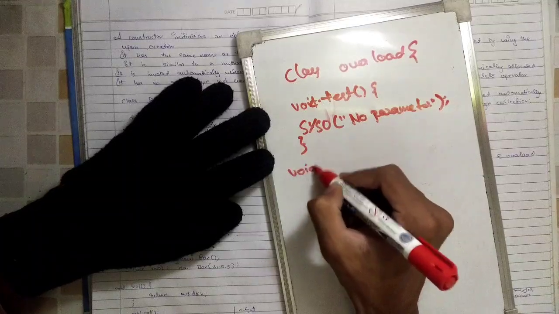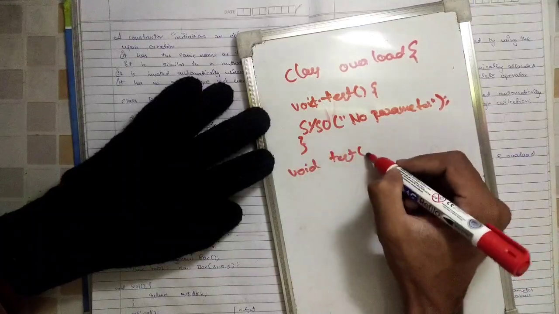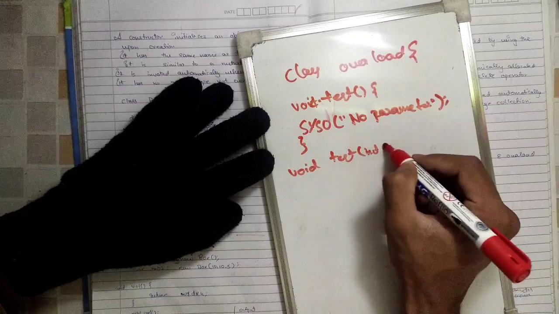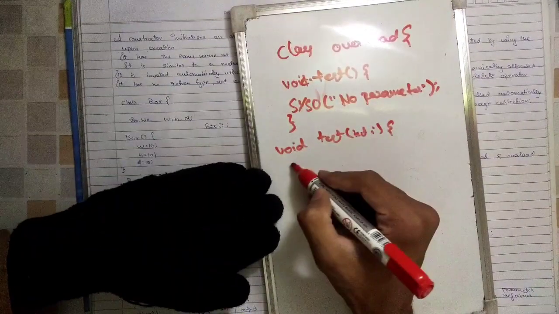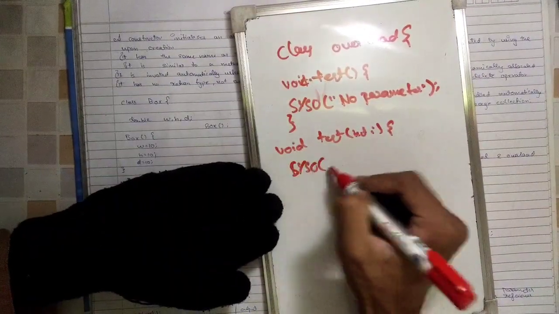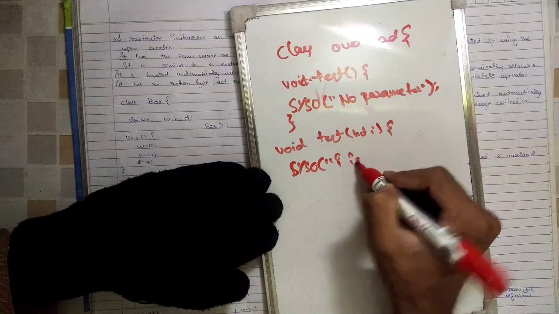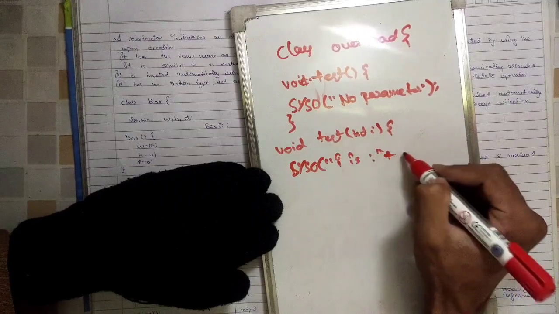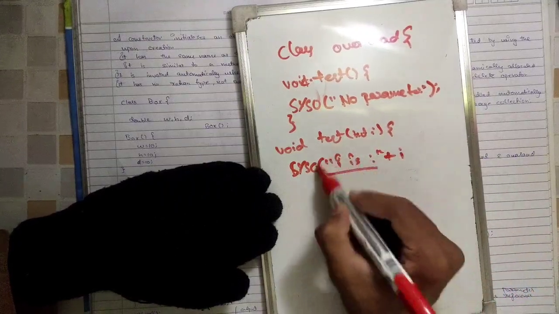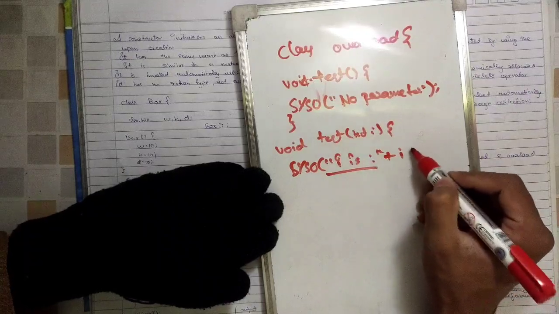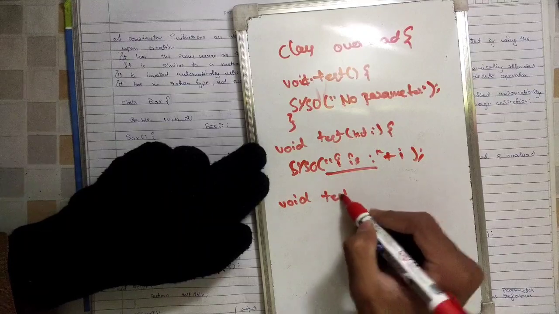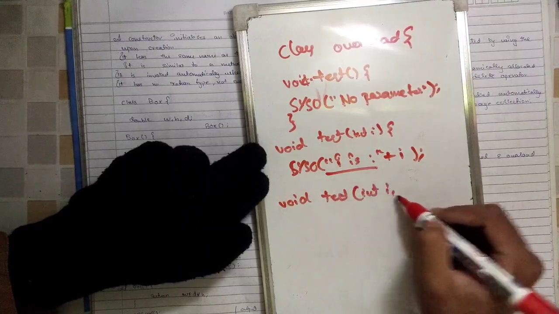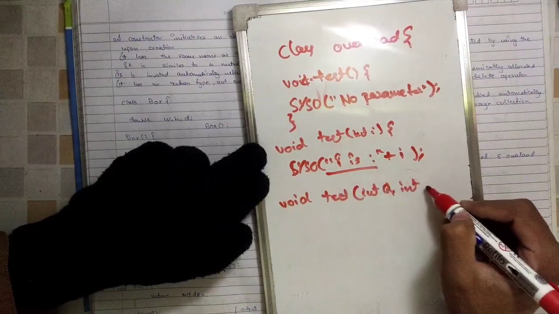Same again, void test(int i). Same thing again, I will print here: System.out.println("i is" + i). This will print this statement, and plus i means it will print the value of i. Then again void test with int a, int b.